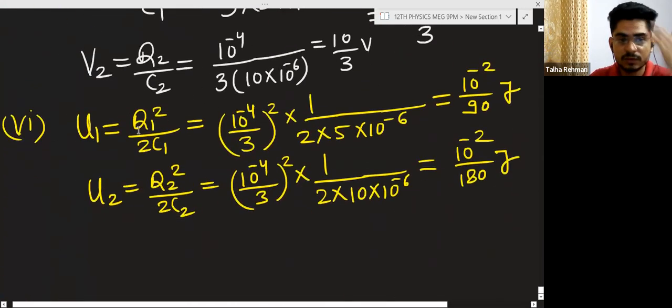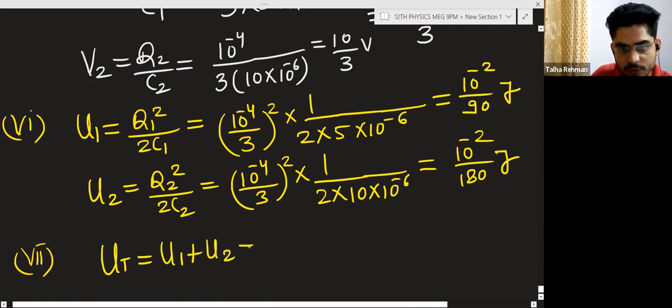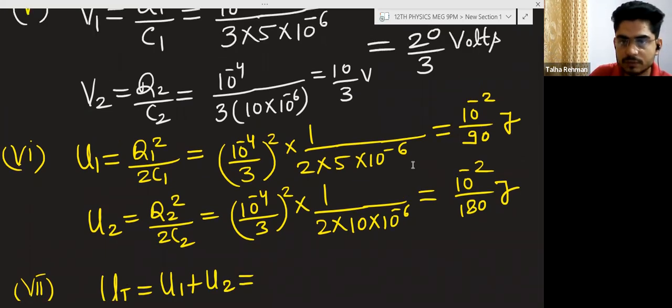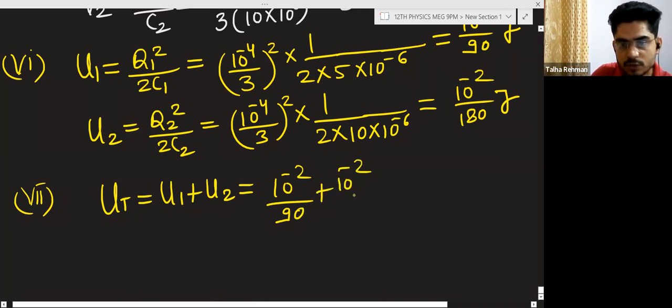And if you want to calculate the total energy stored, the seventh point: you can first calculate the energy like this, U1 plus U2, and you will get the answer. 10 to the power minus 2 by 90 plus 10 to the power minus 2 divided by 180.